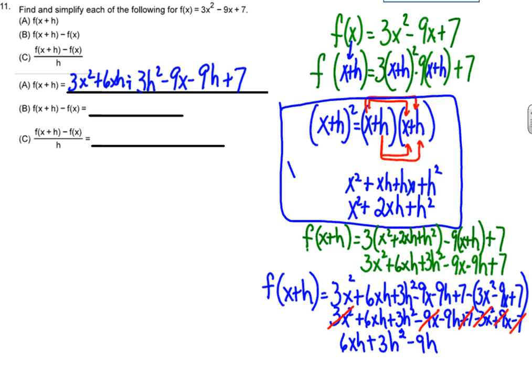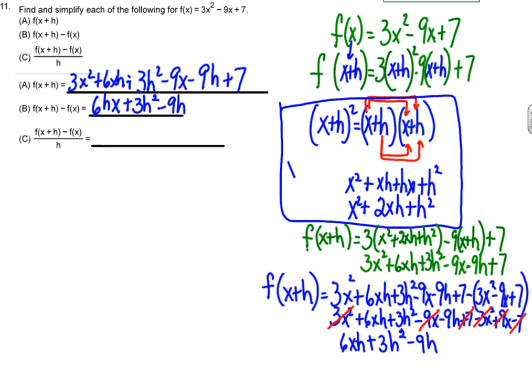You don't have to rearrange those unless you want to. So here we have 6hx plus 3h squared minus 9h. Now we're down to the end here where we're going to use the difference quotient formula.